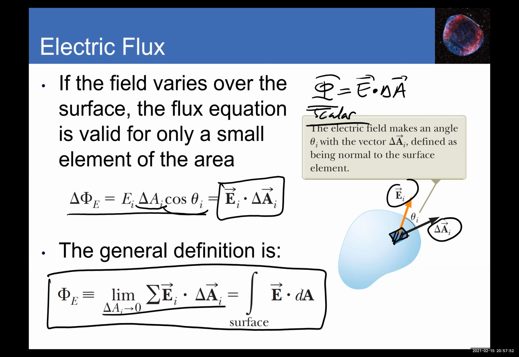And this is just the surface integral for surface 1, E dot dA1, plus the surface integral for surface 2, E dot dA2, plus the surface integral for E dot dA3, plus so on. Same thing for all of them.